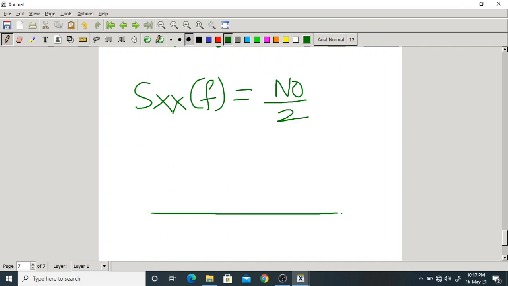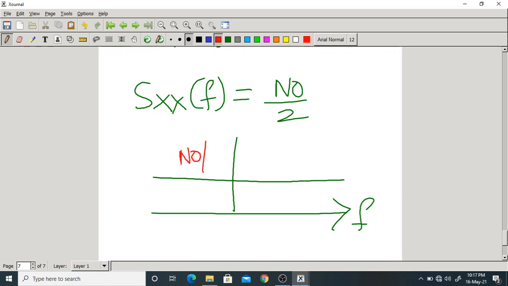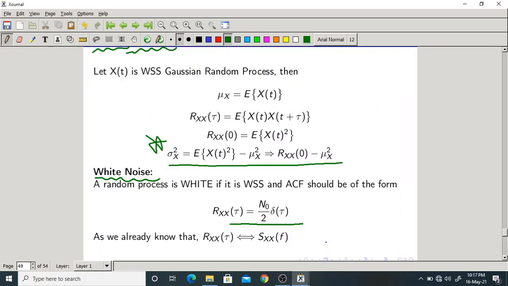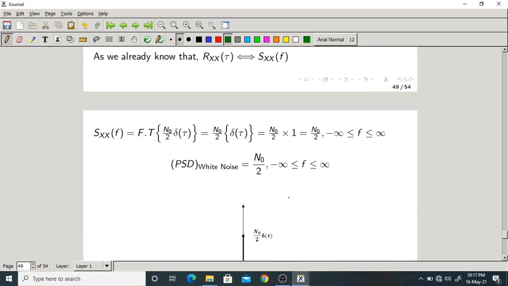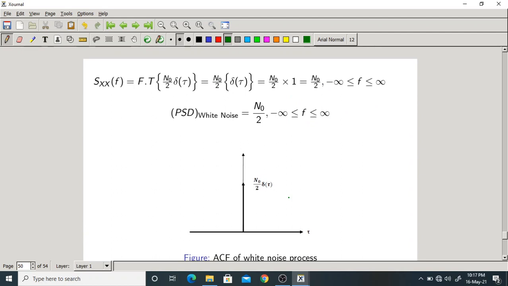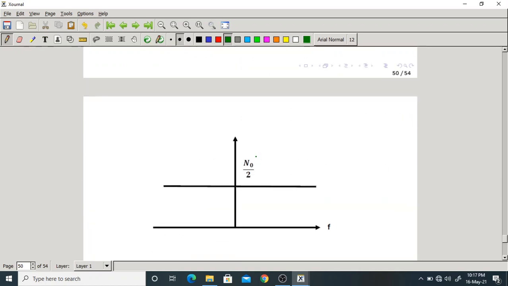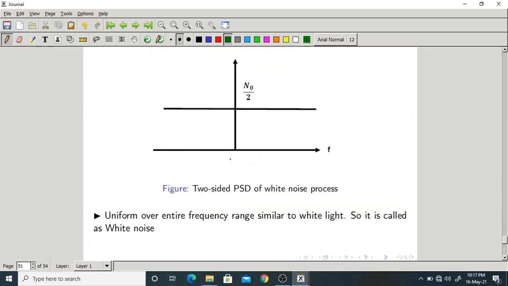Plotting against f, this is the PSD, whose value is N naught by 2. The PSD of white noise is this for all frequencies. This is the ACF of white noise, and this is the PSD of white noise.